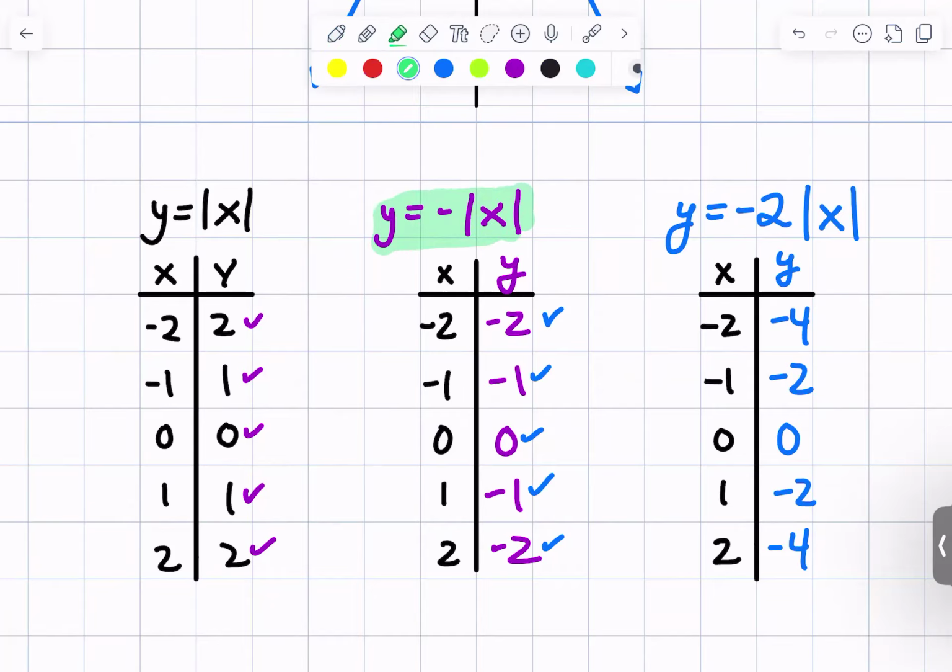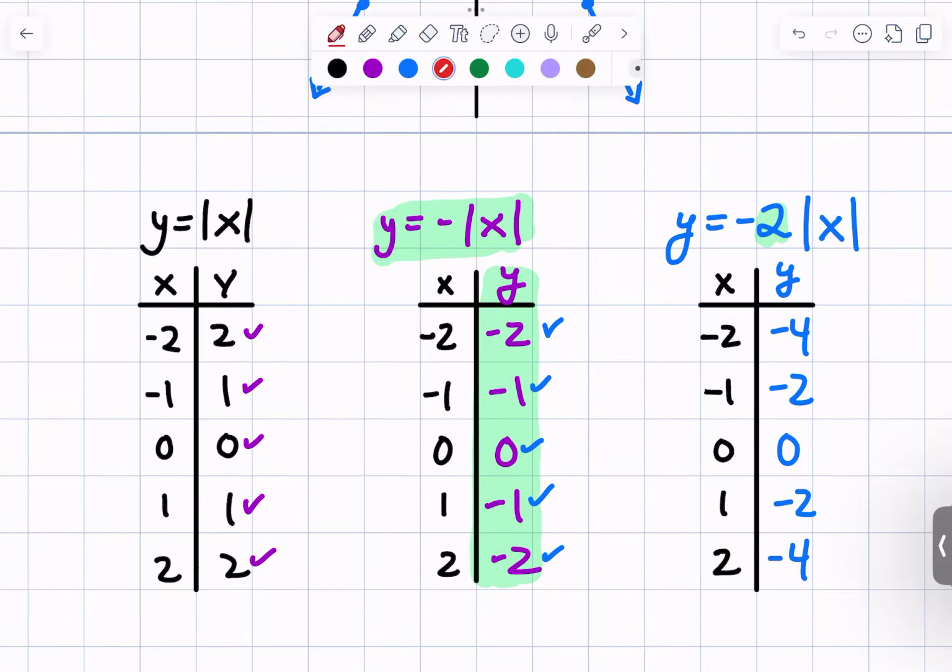That's why I just multiplied this by 2. And class, notice that I took the y values from my transformed graph. Okay, and again, once we transform it, we're never going back to the parent function. Once we transform it, we're always going to build from our transformed one.